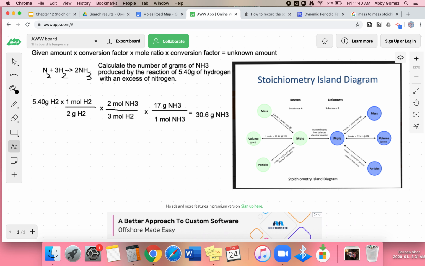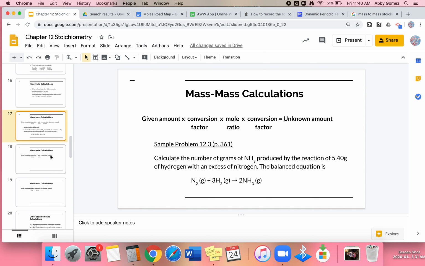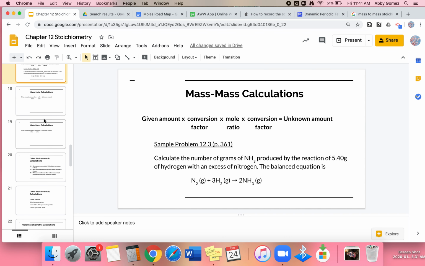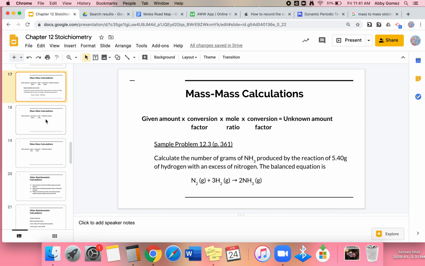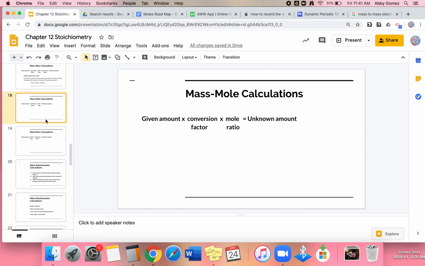Like I said, where people start to get confused is that you can stop and start this process wherever. And that just depends on what given information you have. So what I'm going to ask you to do to go on and continue investigating this is now look at some of these other options for where you may start and stop this process. So here's one where you're going from mass to moles.